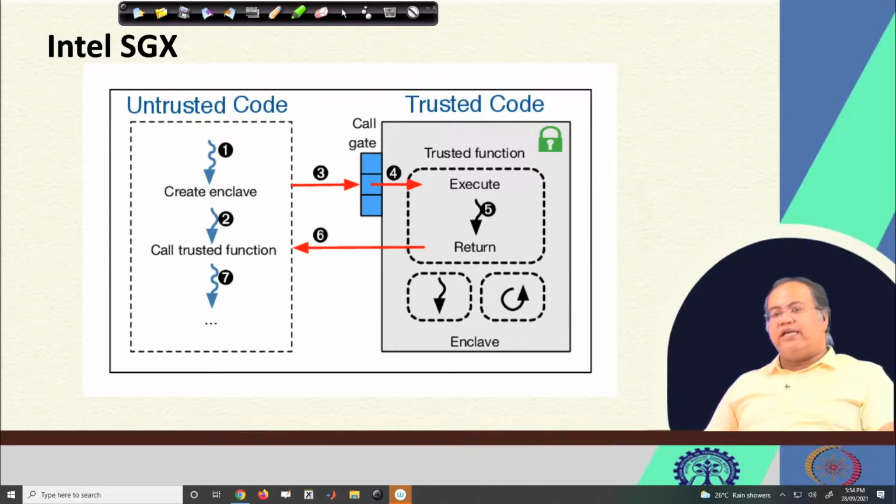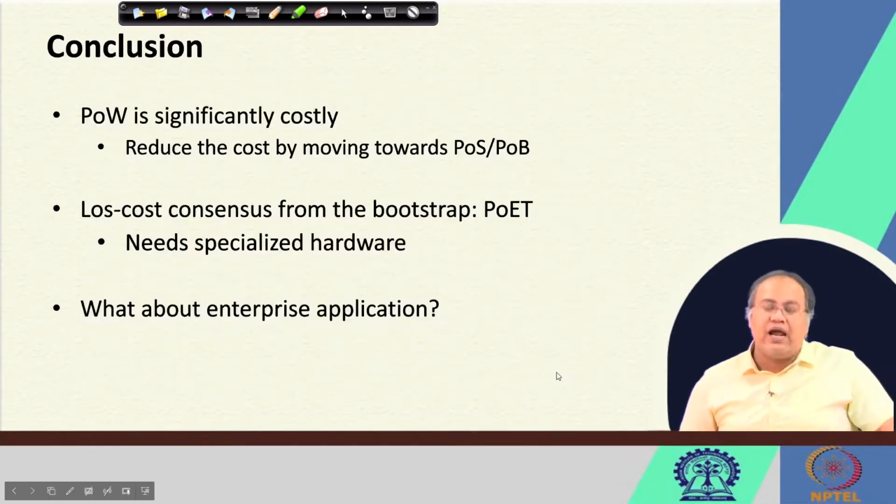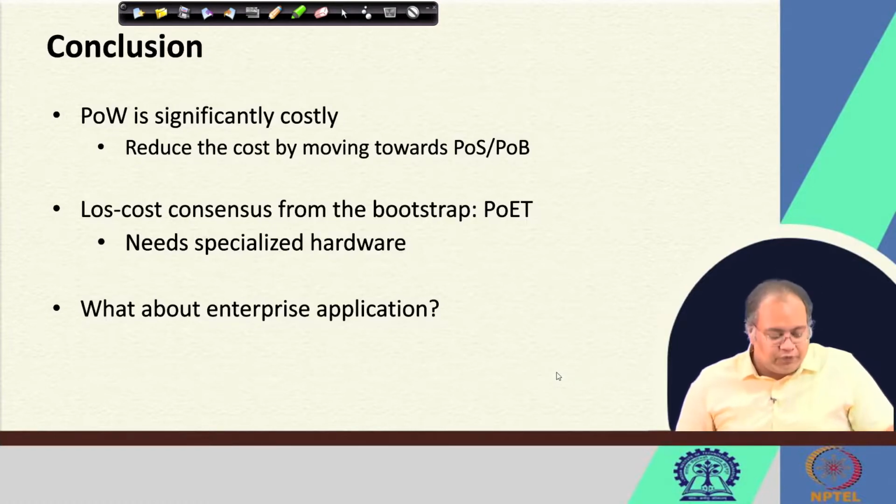Out of these 3, we have seen that proof of stake and proof of burn cannot be used for bootstrapping, whereas proof of elapsed time can be used for bootstrapping, but it can work only on this Intel SGX platform. So, in conclusion, what we have seen is that proof of work is significantly costly.